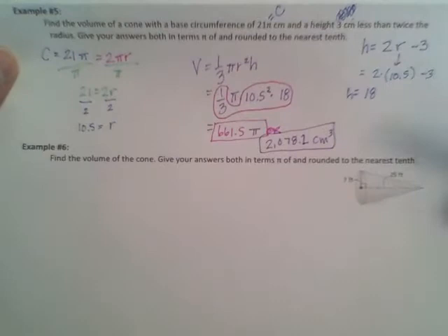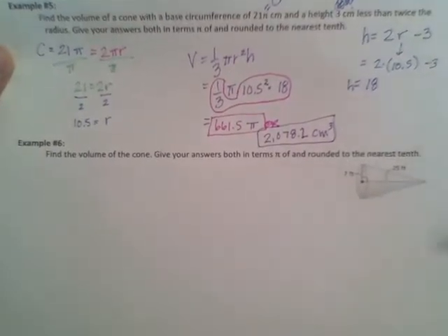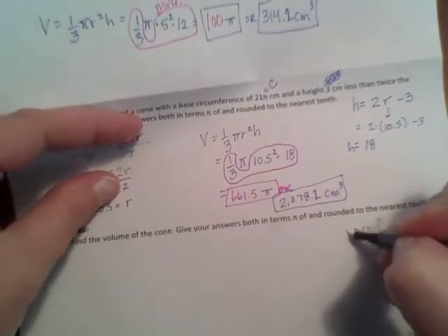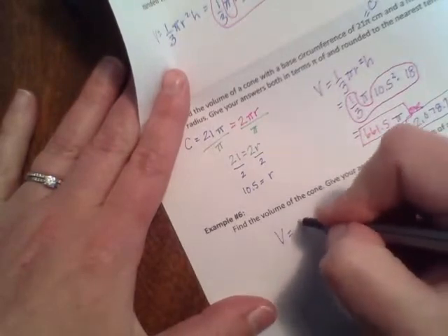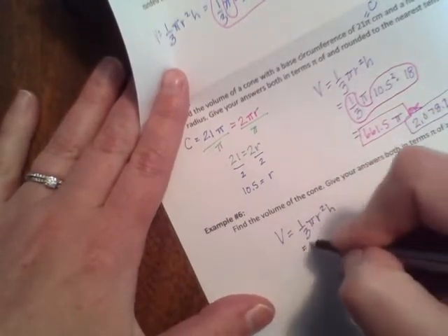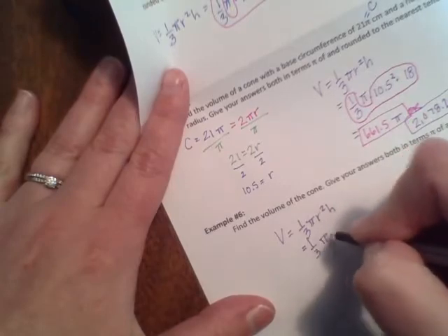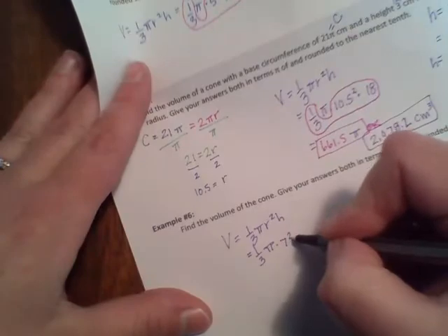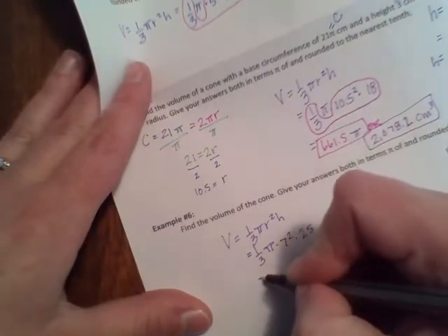All right. In number 6, they want you to find the volume of the cone given this image. So they give you the radius, which is 7, and the height of the cone, which is 25. So this is our R, this is our H, and we're just going to plug them into our formula. So our volume is 1/3 pi r squared height. So 1/3 times pi times the radius of 7 squared times the height of 25.